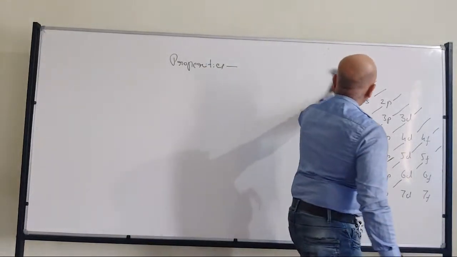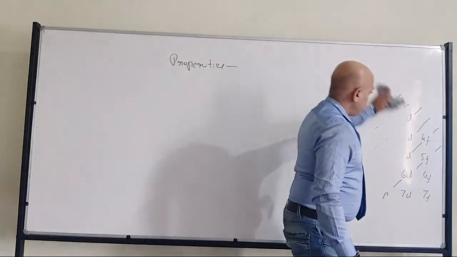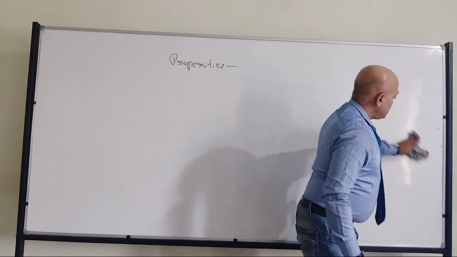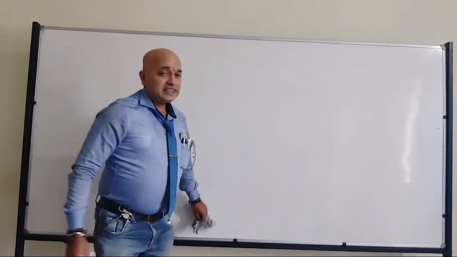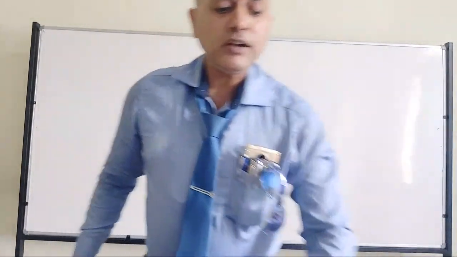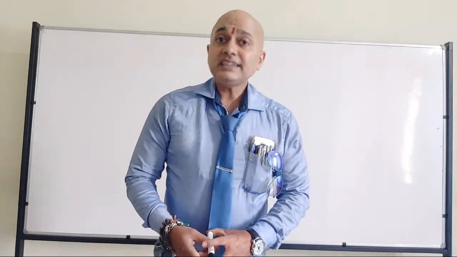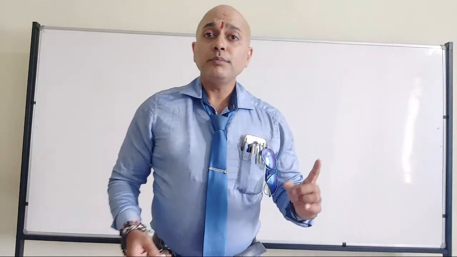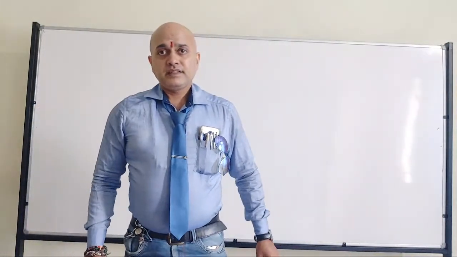When I am talking about the periods, electrons will be entering the same energy level. Due to the increase in the number of protons, that means nuclear charge, there will be contraction of the atomic orbital. But when I am moving down the group, electrons will be entering the next energy level, and due to that, there will be an increase in the atomic radius or atomic size. Fine?